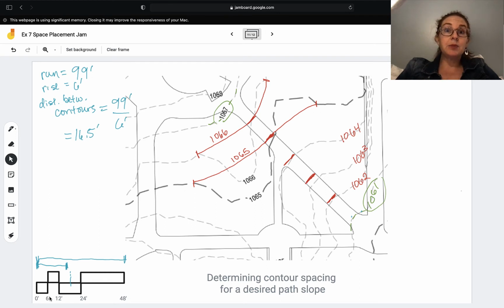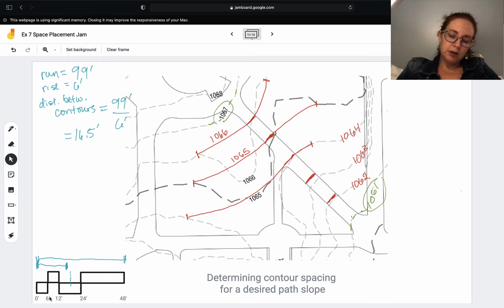And I'm going to keep this nice even grading that I have going on. I'm going to tie in over here and keep an even distance with that 1065. Bring that contour across. And this actually isn't terrible over here. I'm actually just going to take my contour right there and tie it in. I'm not opposed to that.